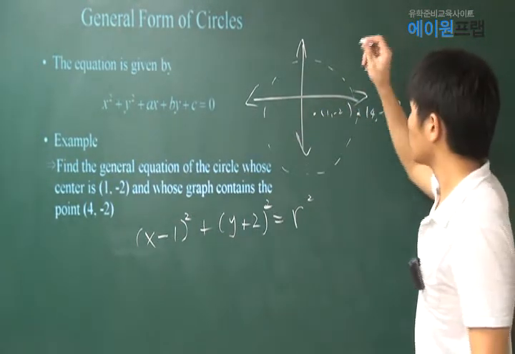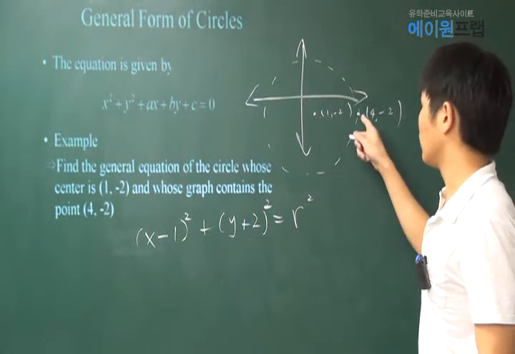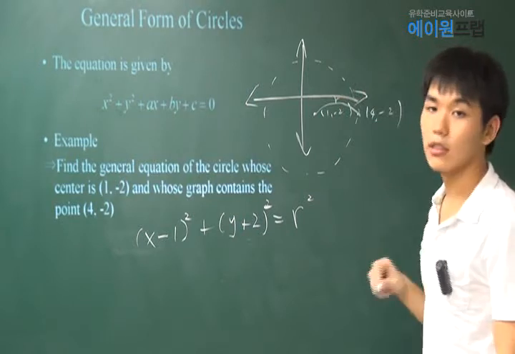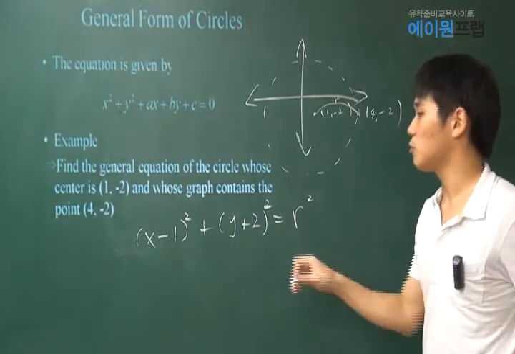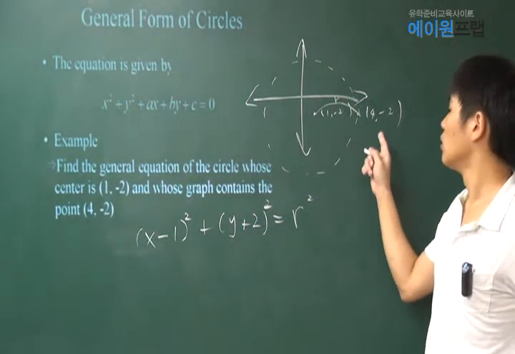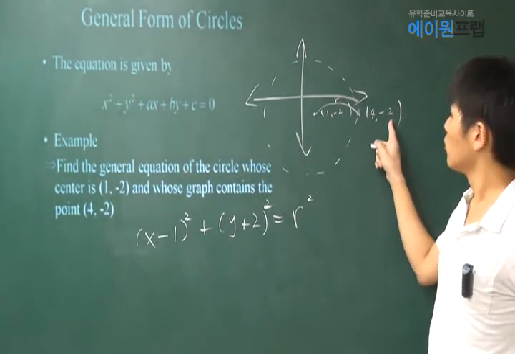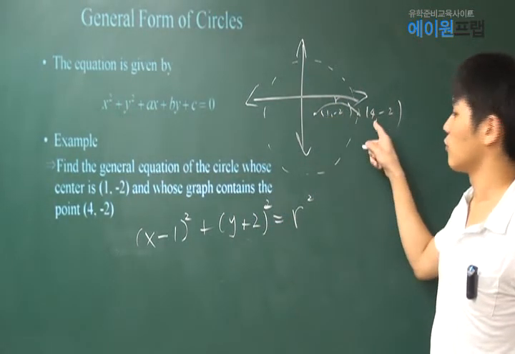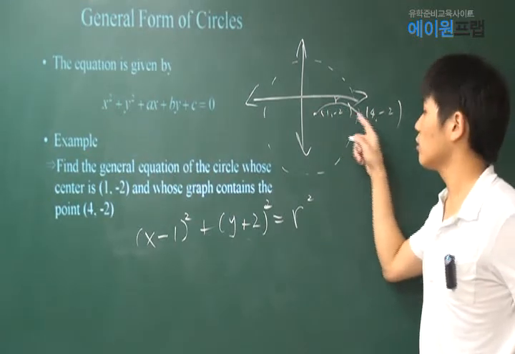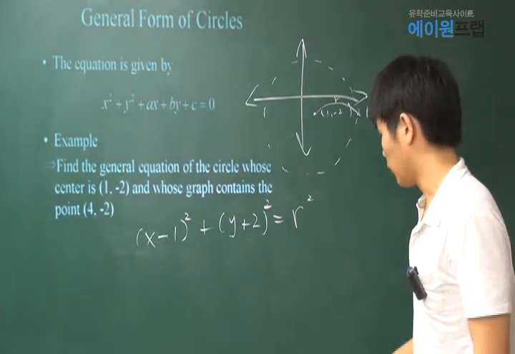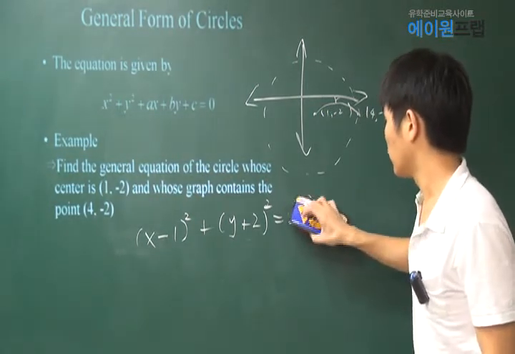And what do we know? The distance between the center and the point on the graph would simply be the radius. So what's the distance between 4, -2 and 1, -2? Since we have the same y-coordinate, we can just look at the x-coordinates of 4 and 1. So the distance, or in this case the radius of the circle, is 3. So we can write 3 over here.